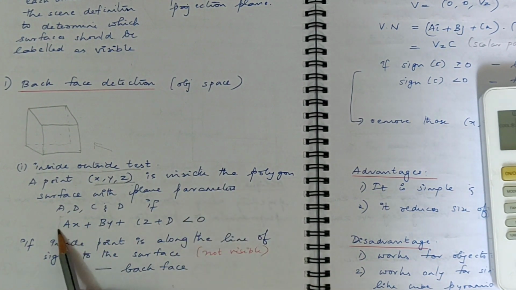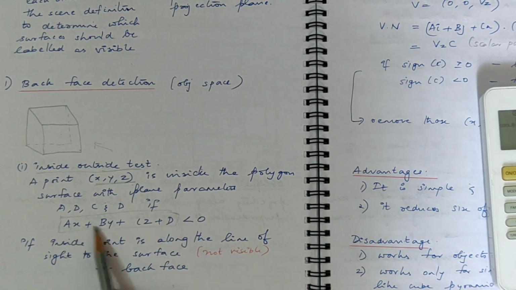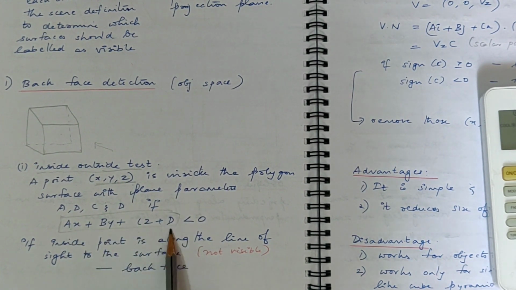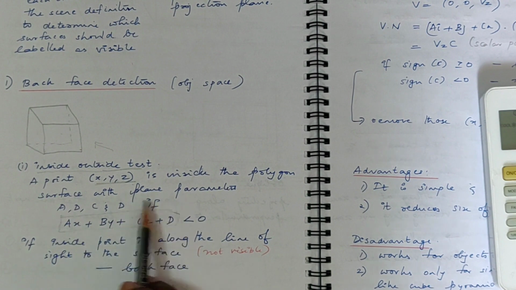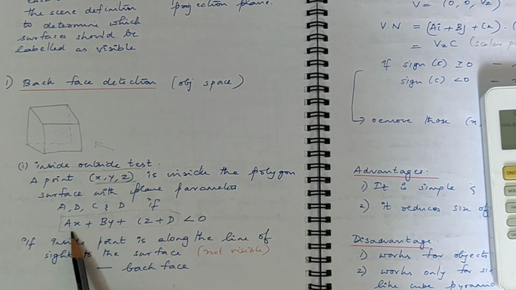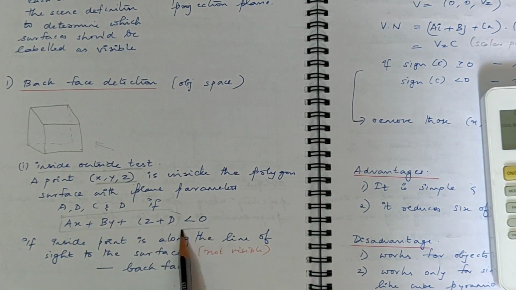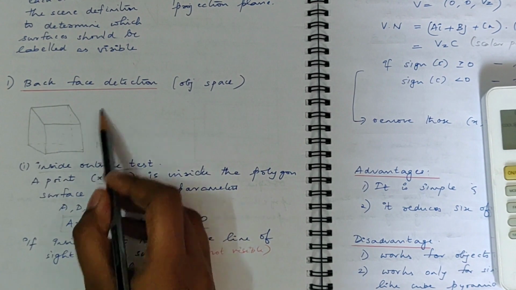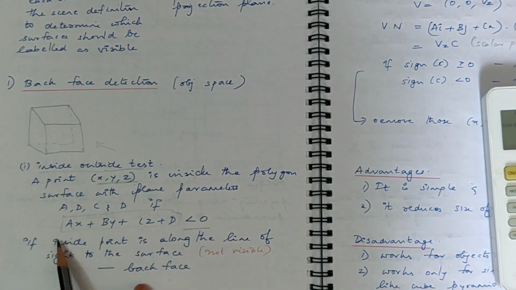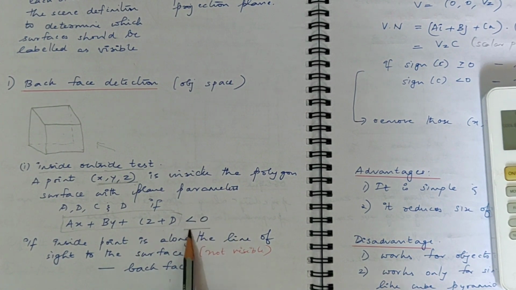For any polygon, we have the plane equation Ax + By + Cz + D, where A, B, C, D are the plane parameters. If the point (x, y, z) is inside the polygon, then Ax + By + Cz + D will be less than 0. For any point outside the polygon, this condition will not be satisfied, and the value will be greater than 0.